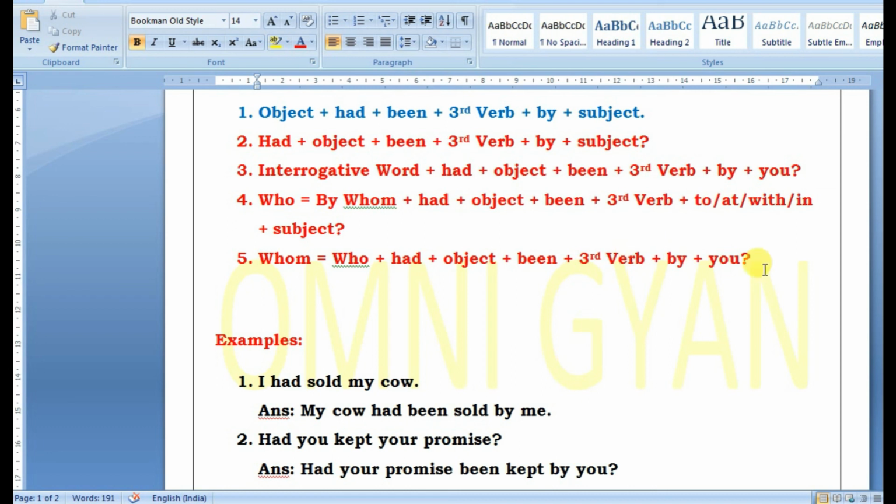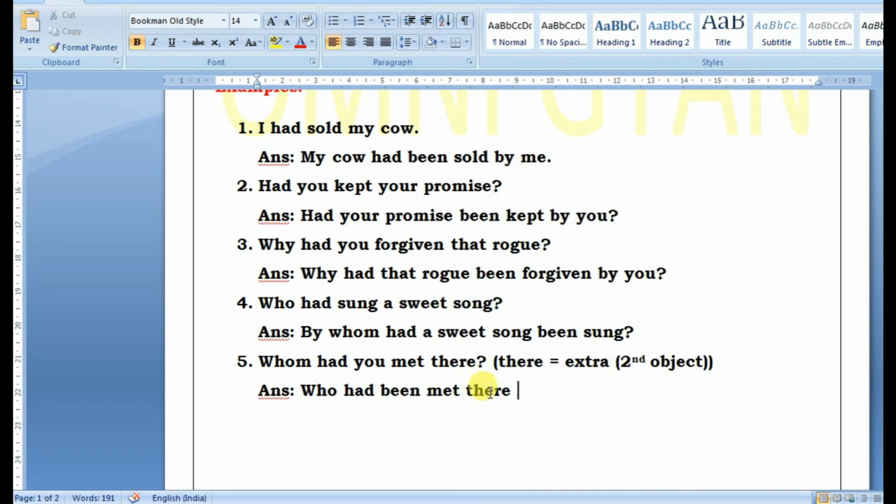So after verb we have put this extra word here, and then by you: who had been met there by you. So this is it. Okay, so I had sold my cow becomes my cow had been sold by me.